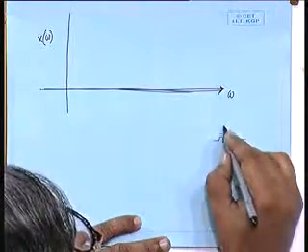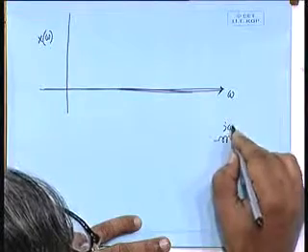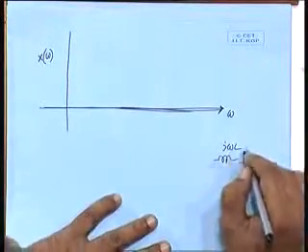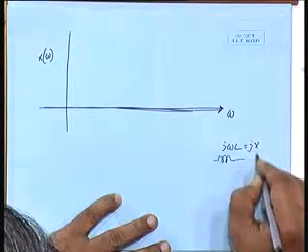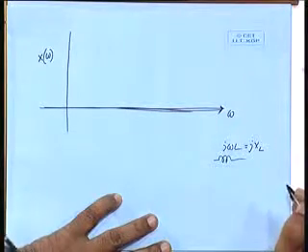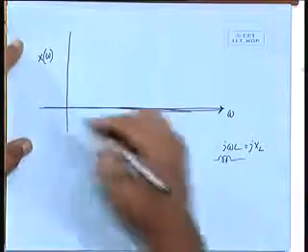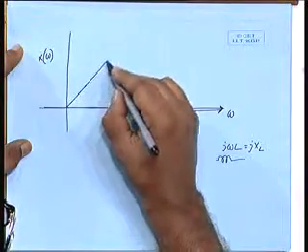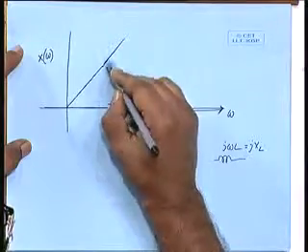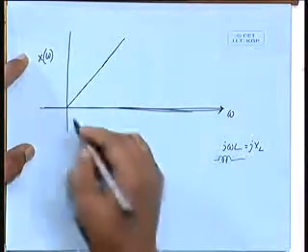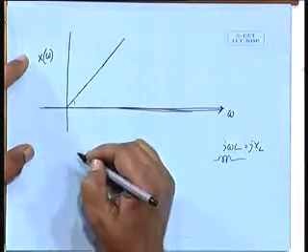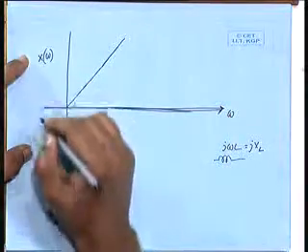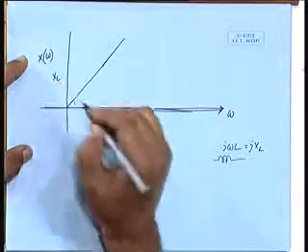What will be its jX, j omega L? So if I write this as jXL, then XL will be varying linearly with frequency. Is that all right? With a slope of L. So this is XL.